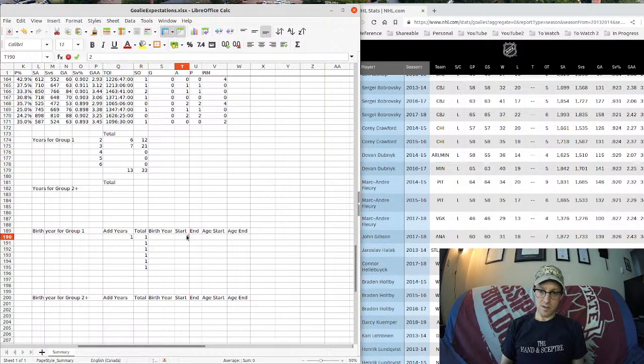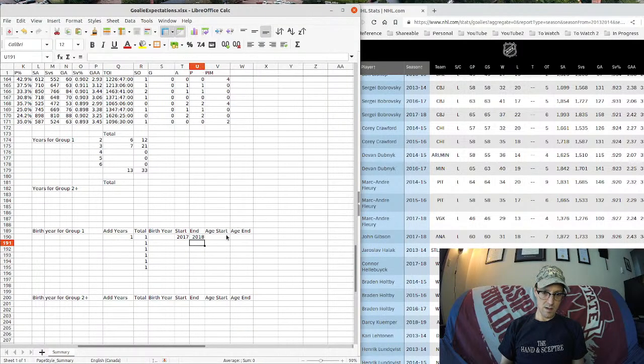Start is 2017, and equals that plus that. Age start equals that minus that.